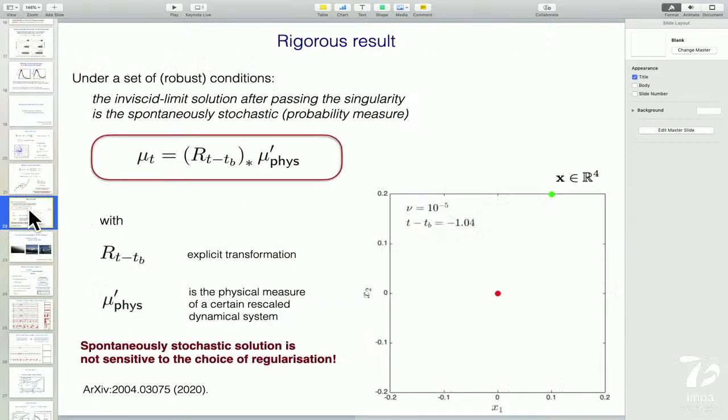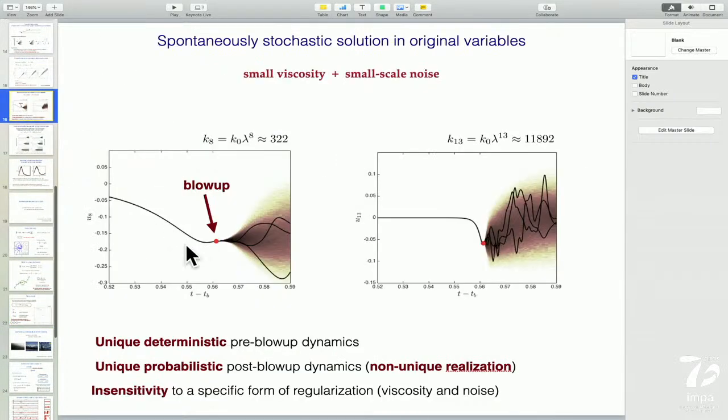All of these phenomena that we discussed we call spontaneous stochasticity, because it is stochasticity as the solution is stochastic, and spontaneous because this solution solves a formally deterministic problem. So the equation is deterministic, initial condition is deterministic.